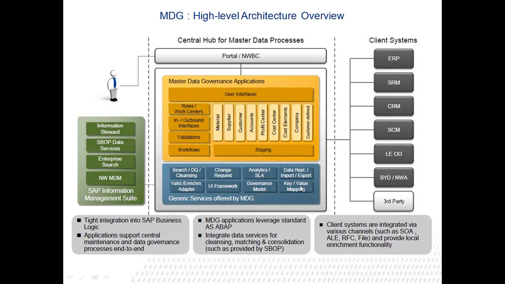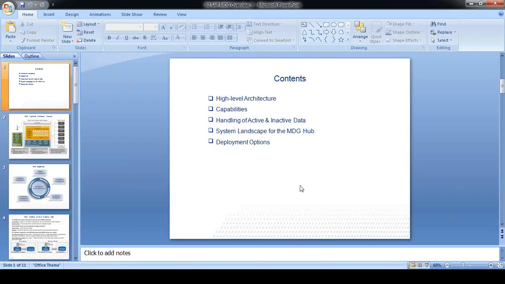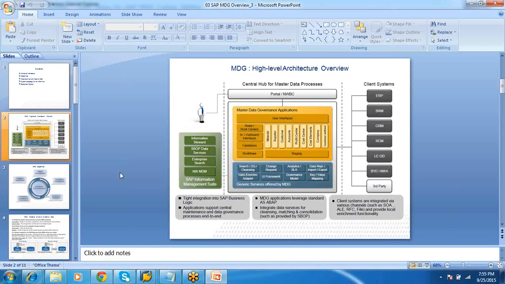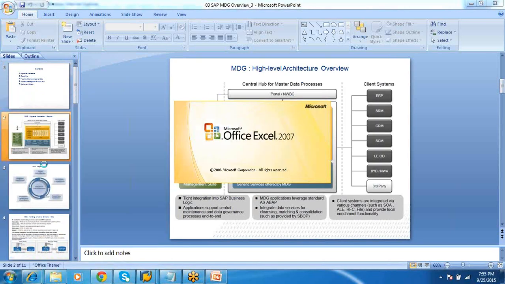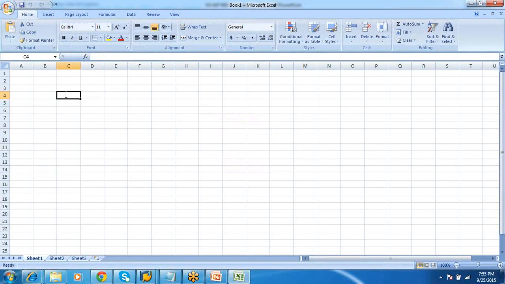One more concept is key mapping and value mapping. For your benefit, I want to explain what key mapping and value mapping are. For example, we have an MDG system. Here we have ECC, some SRM system, and some third-party system.